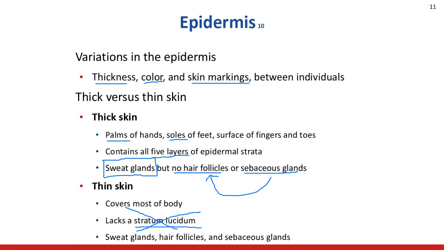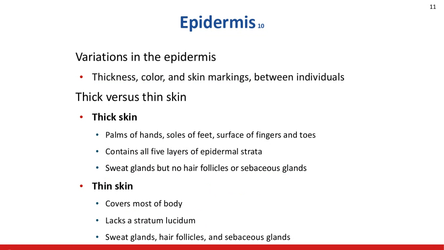Thin skin we see pretty much throughout the whole body, except for your palms and soles. But here's the thing with thin skin. It does have sweat glands. And in addition to the sweat glands, like the thick skin, this will have hair follicles and sebaceous glands. Thick skin does not. Don't forget that. Keep that in mind.